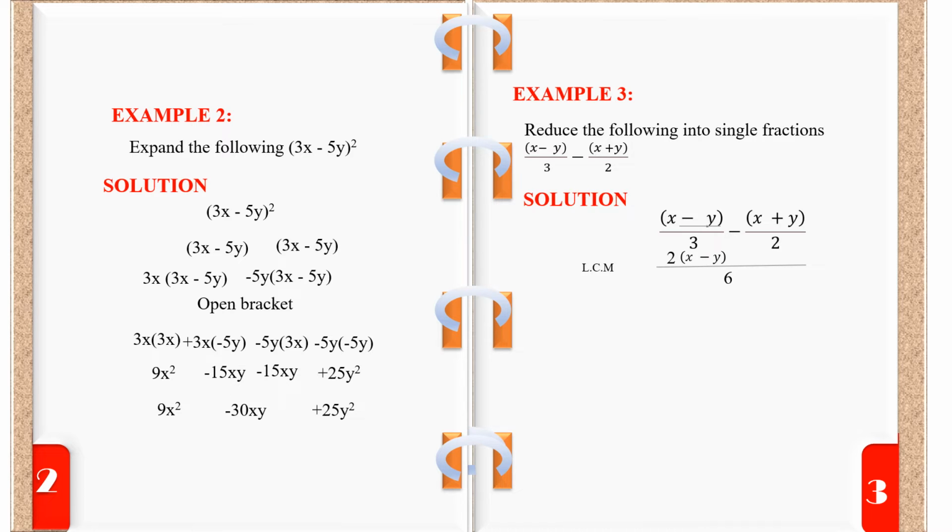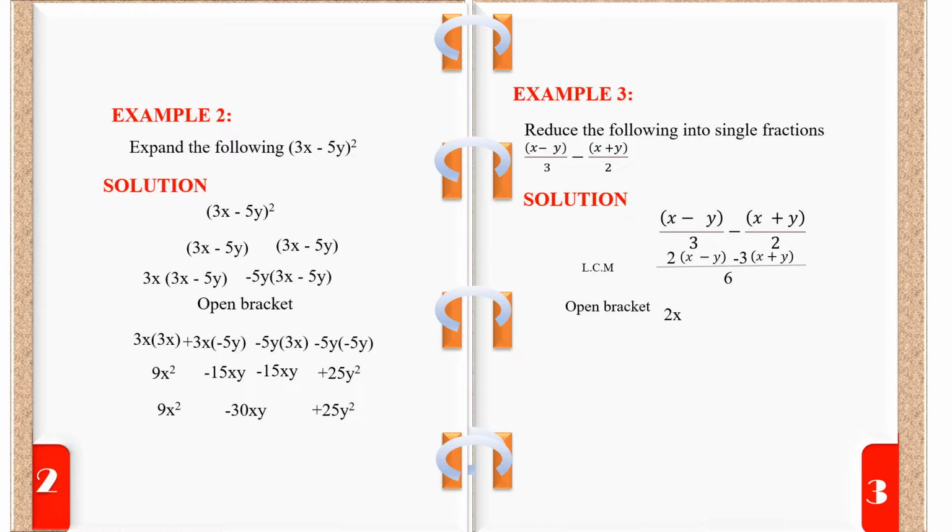Then you now multiply by x minus y. Then again you divide 6 by 2. 6 divided by 2 will give us 3. Then you write our 3, then multiply by x plus y.